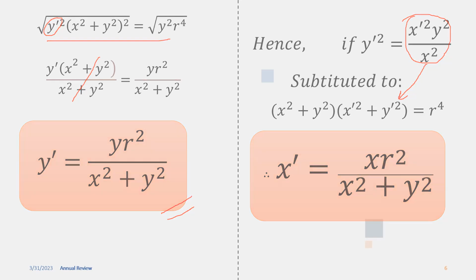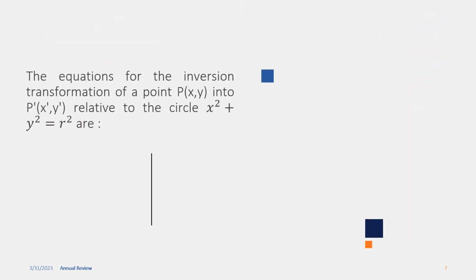So what we have undergone earlier is a formulation of this theorem. Theorem 6.10 states the equation for the inversion transformation of a point P having the coordinates x, y into P prime, which is our inversion point, having the coordinates x prime, y prime, relative to the circle x squared plus y squared.